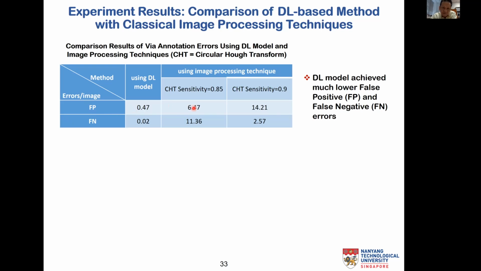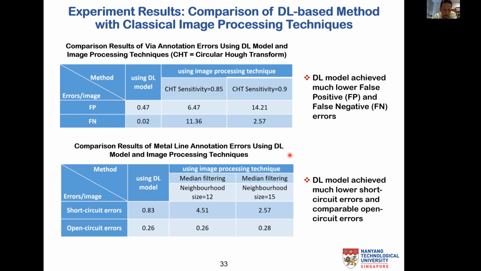As compared to a conventional image processing technique, it is much higher. And then false negative means that it is supposed to be a VR, but you did not pick it up. In this case, 0.02. Then you look at the metal line. For metal line, the short circuit error and open circuit error are also very low compared to the conventional technique.